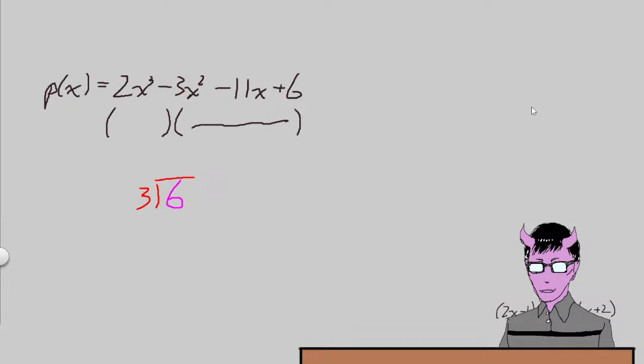Can we divide 6 by 3? Yes, there will be 2 threes that fit into 6. So you subtract that, you get 0, remainder 0. So key point: if something is a factor of another number, then if you divide that number by that something, you get a remainder of 0.